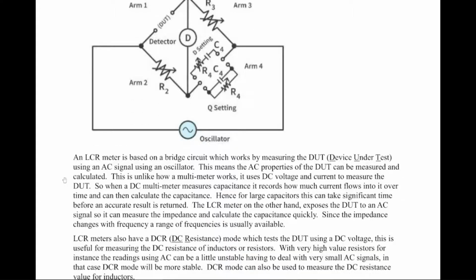So what that means is that when you are testing a component, it is applying a sine wave to it from an oscillator at a set frequency, and then it can measure the current flowing through these arms of that bridge circuit, and knowing what the other settings are on the other arms here, it can then calculate the impedance of the actual device.